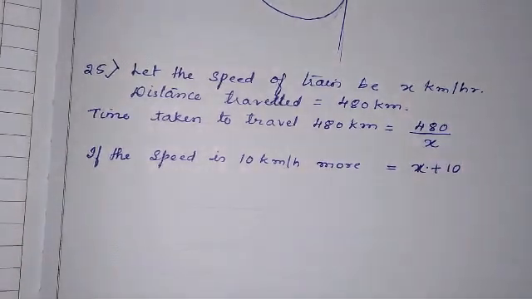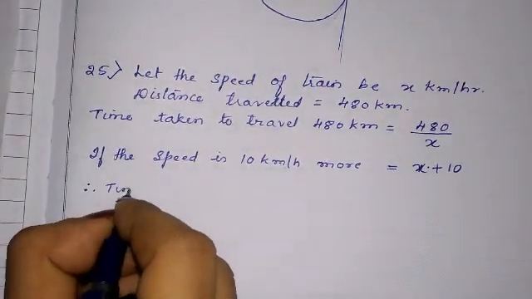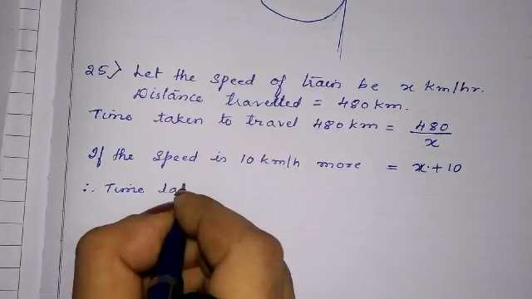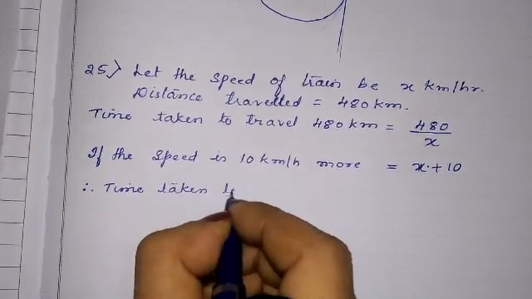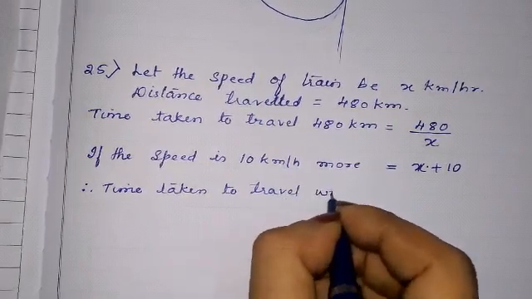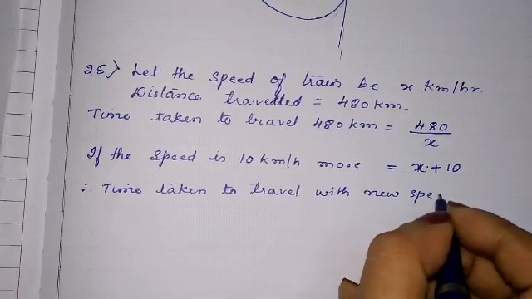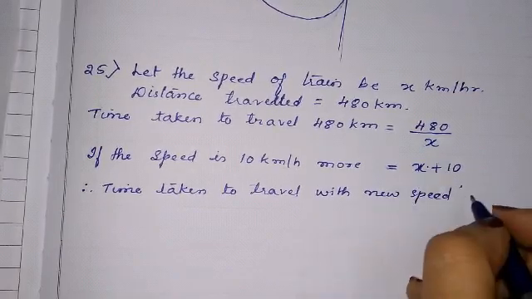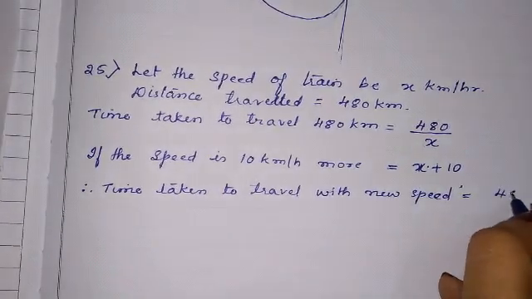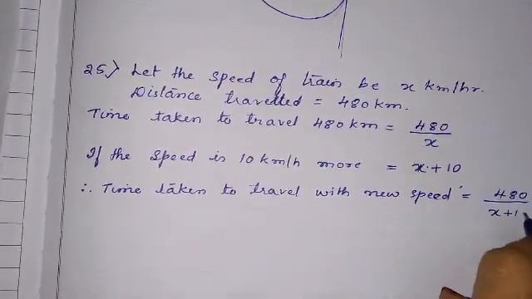So the new speed becomes x plus 10. Therefore, the time taken to travel with the new speed is 480 distance upon x plus 10.